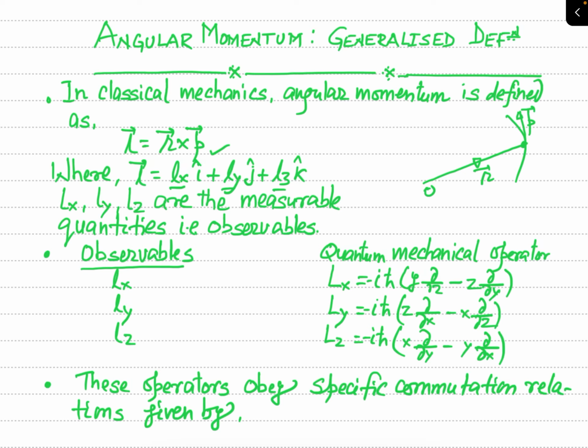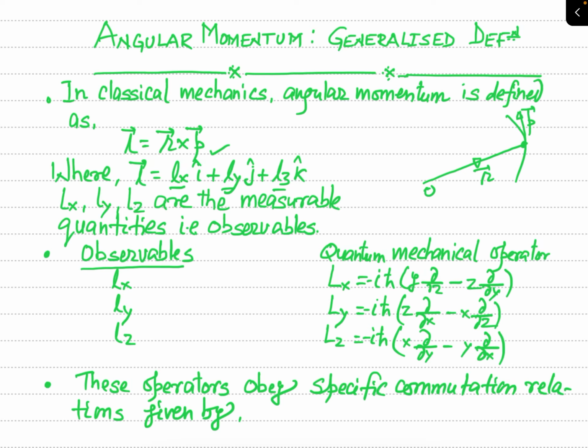In fact, the components Lx, Ly and Lz of the angular momentum vector are measurable quantities, or you can say that these are observables. And in quantum mechanics, corresponding to every measurable quantity or observable, we define an operator. So you have seen in the previous lectures what are the operators corresponding to these observables Lx, Ly and Lz.